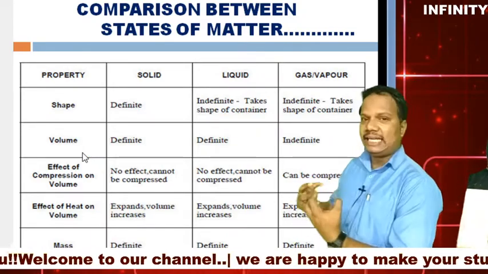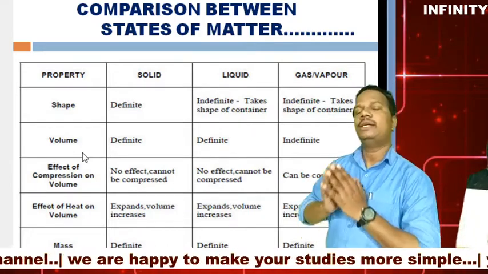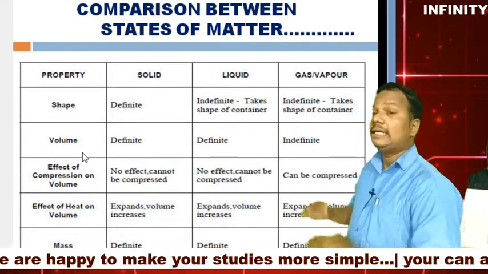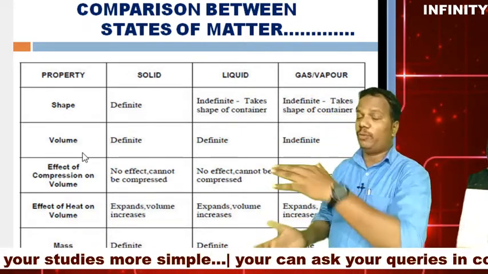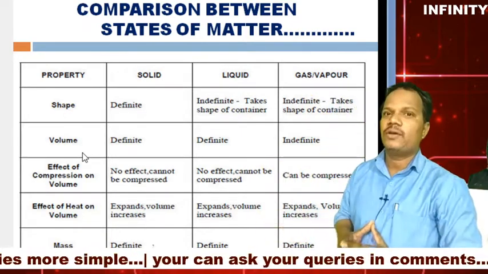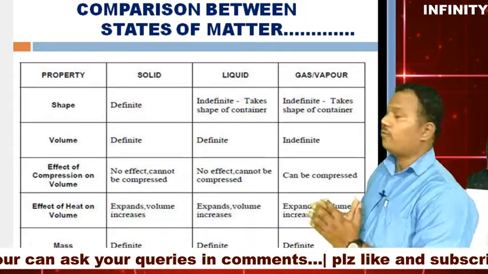Liquids are slightly compressible and therefore उनके भी shape में कुछ ज़्यादा change नहीं होगा. लेकिन gases are easily compressible and इसीलिए gases का जो volume है ये volume कम हो जाएगा.